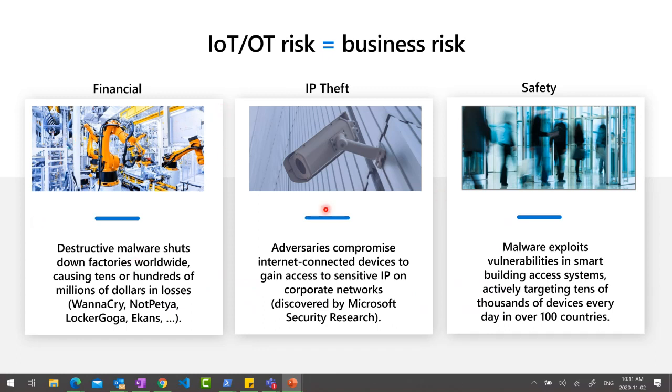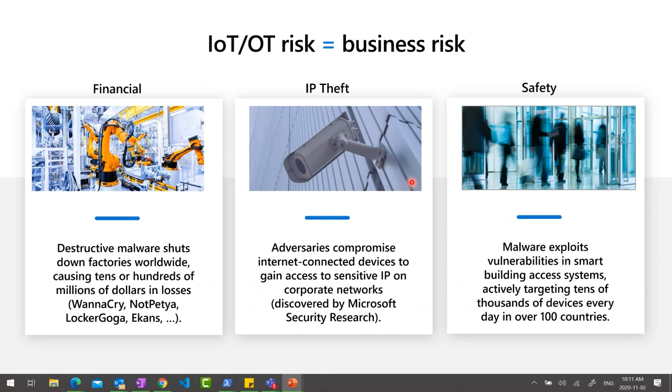So on the screen here are some examples of attackers compromising unmanaged IT and OT devices, where they are trying to gain access to the corporate networks in one way or the other. And I can give you an example of what we have encountered in the past.